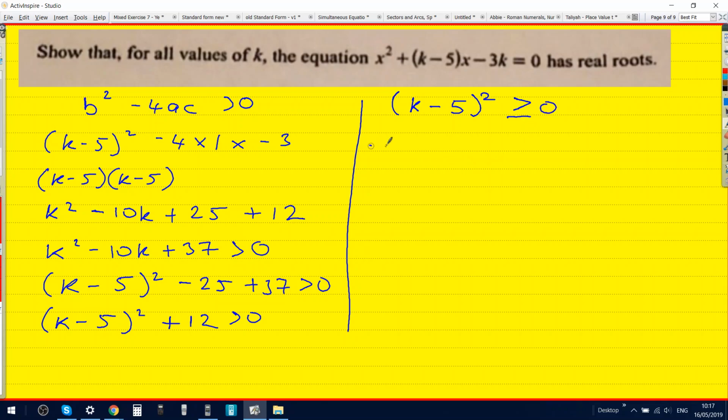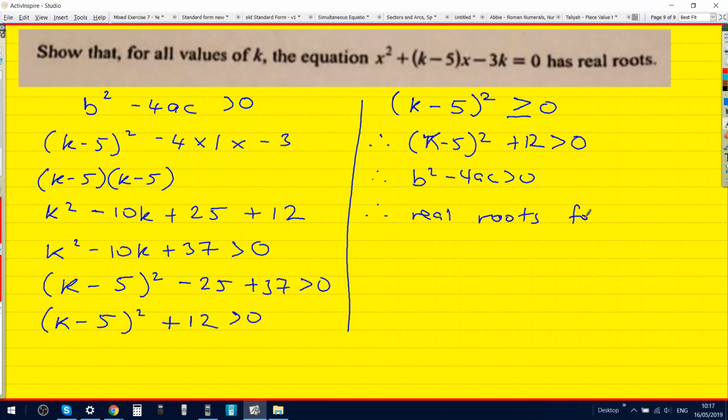Therefore, k minus 5 squared plus 12 is greater than 0. Which means it's always going to have real roots. Therefore b squared minus 4ac is greater than 0, which is what that is. Therefore, real roots for all values of k. I know it's not relevant as well, but would that be minimum points as well? If it's above 0?